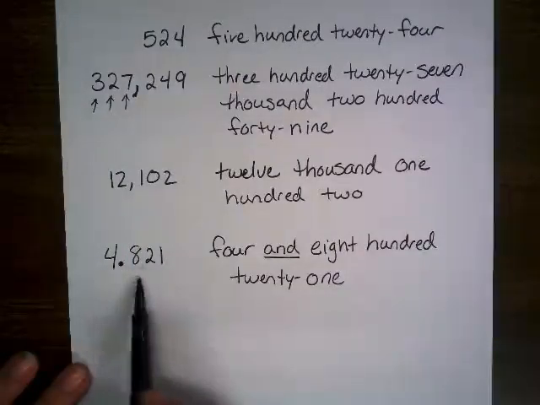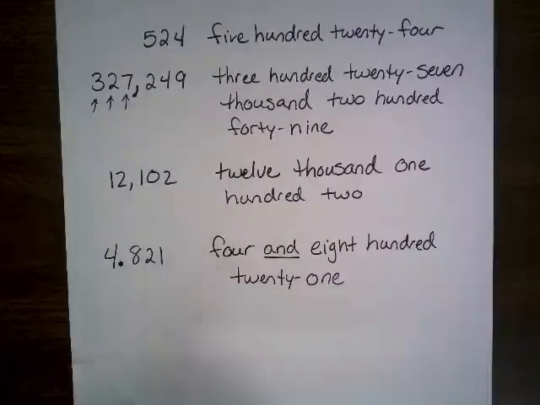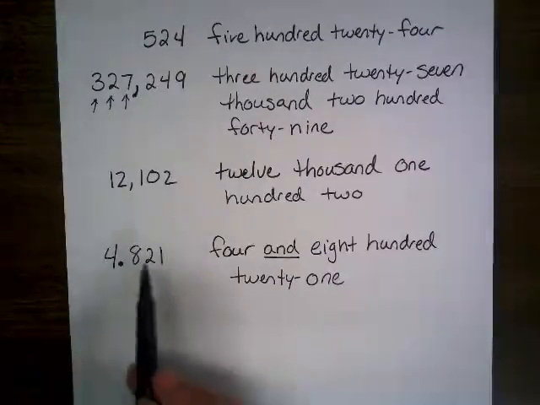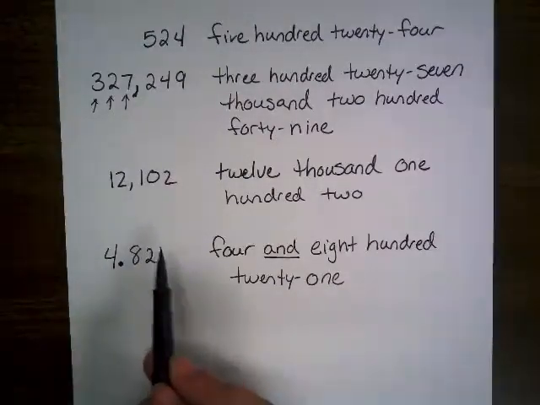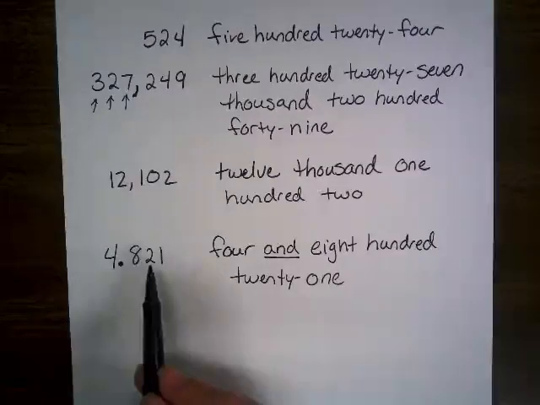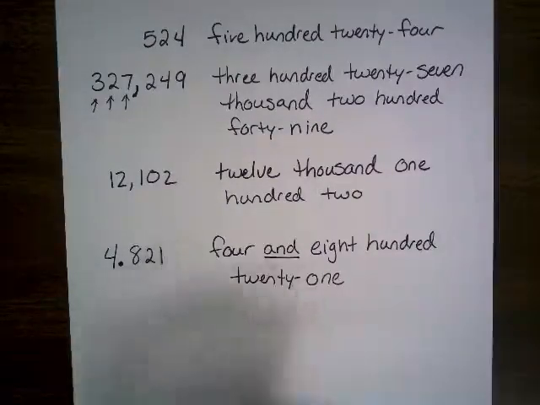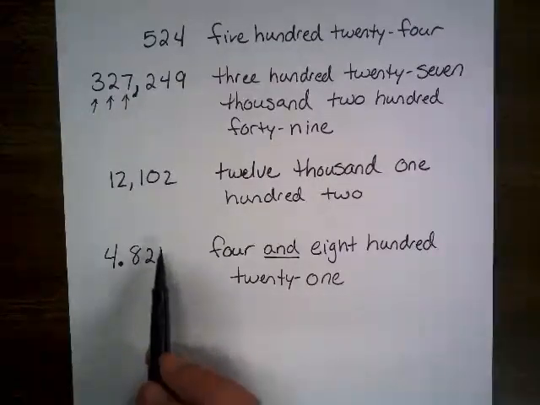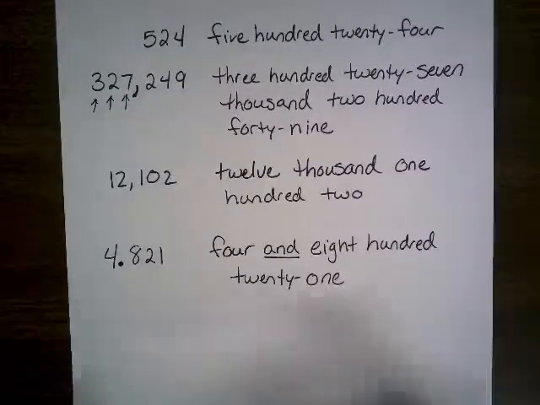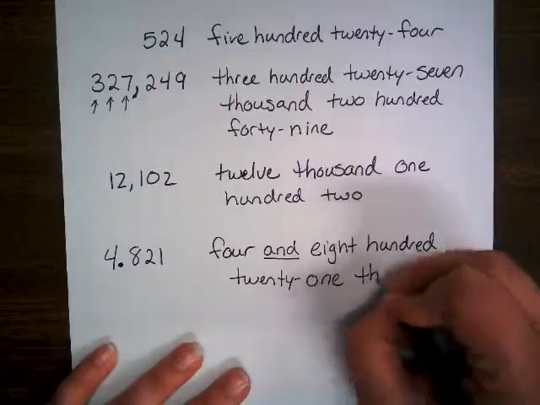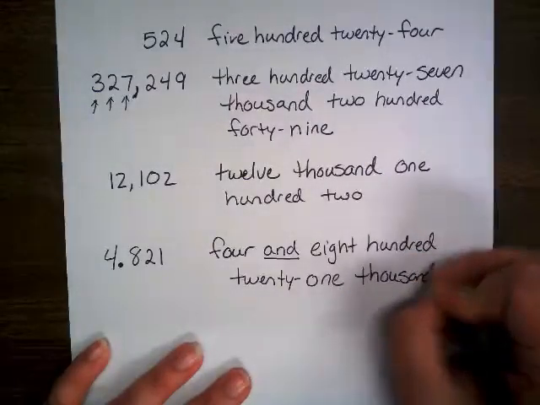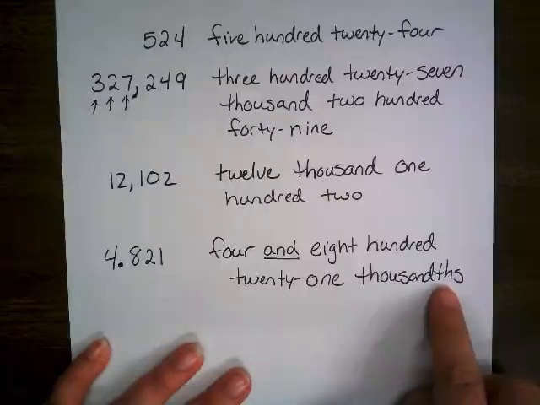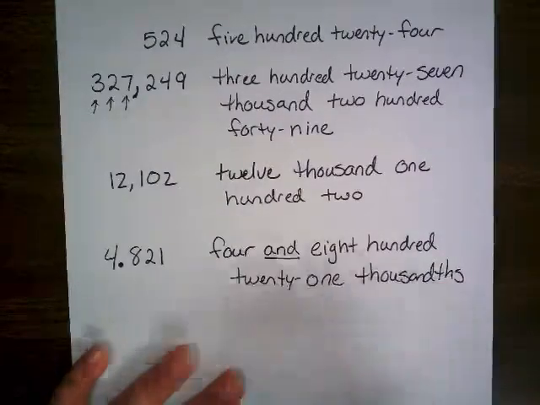No, it's not. It's a lot less. So when I'm writing in decimals, whatever place value is the last digit, I need to include it in my number. So this is 821 thousandths because my last digit is in the thousandths place. And notice how I put that TH there to indicate that it's not a whole number.